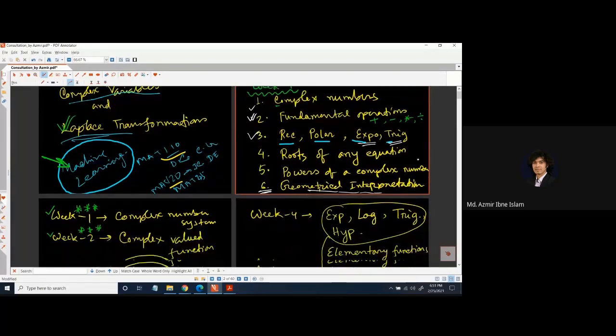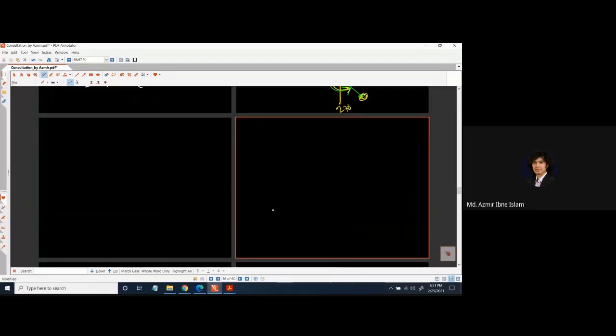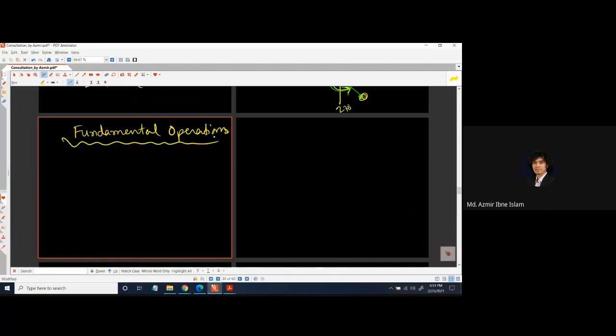So let's talk about the fundamental operations of the complex number system.